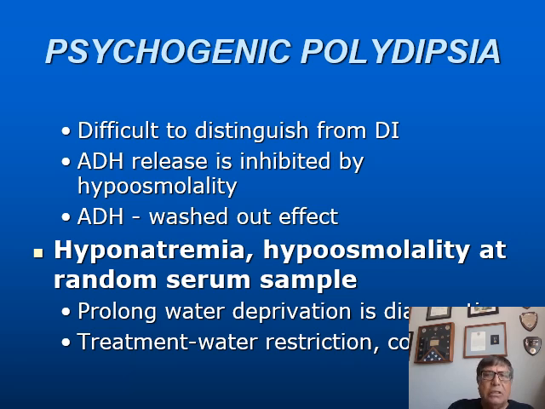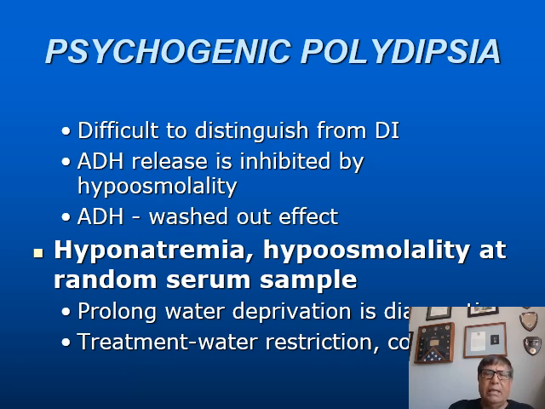It is true that they may have psychiatric disorder, but there are other things. So terms have been used like compulsive water drinking, dipsogenic polydipsia, primary polydipsia. These conditions sometimes could be difficult to distinguish from diabetes insipidus. Antidiuretic hormone release is inhibited because of the persistent hypoosmolality.